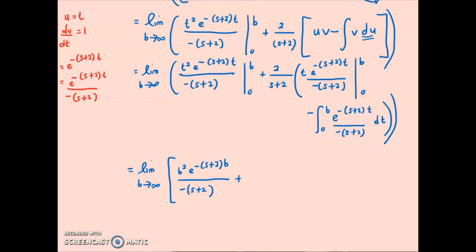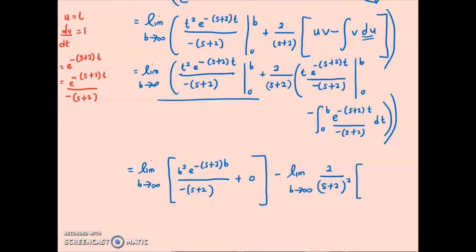When t is 0, the whole term is 0. Okay, this is this part here that we have computed. Now the limit with this part. Since I can take out the negative sign, I have negative limit as b approaches infinity of 2 over (s+2) squared. Okay, this is one term here and another term here, so it will be squared.